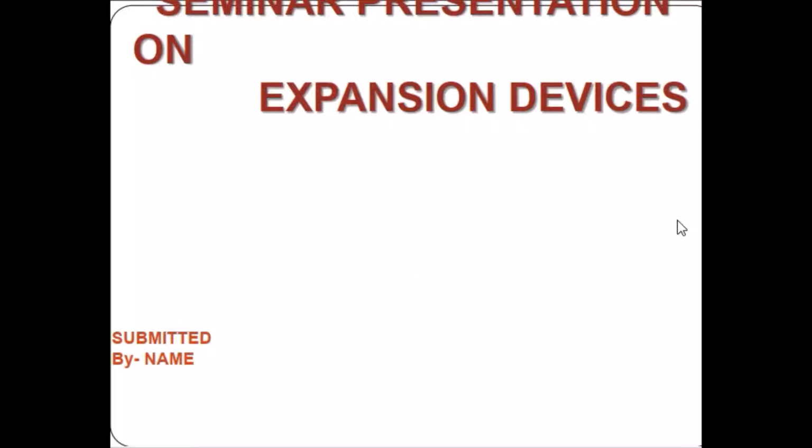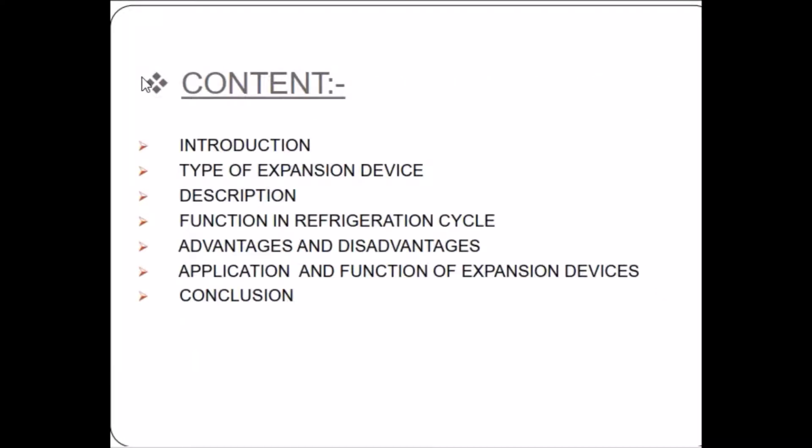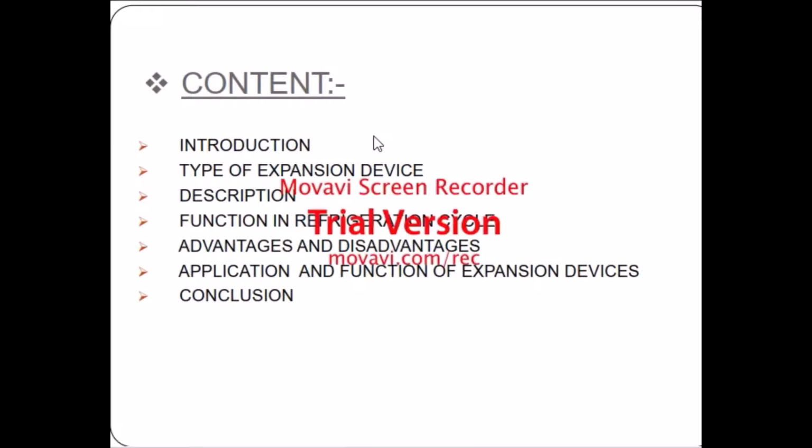We will study the expansion device in depth: the introduction, types of expansion device, description, function in the refrigeration cycle, then advantages and disadvantages, second last the application and function of the expansion device, and the last topic we will conclude what we studied in this chapter.